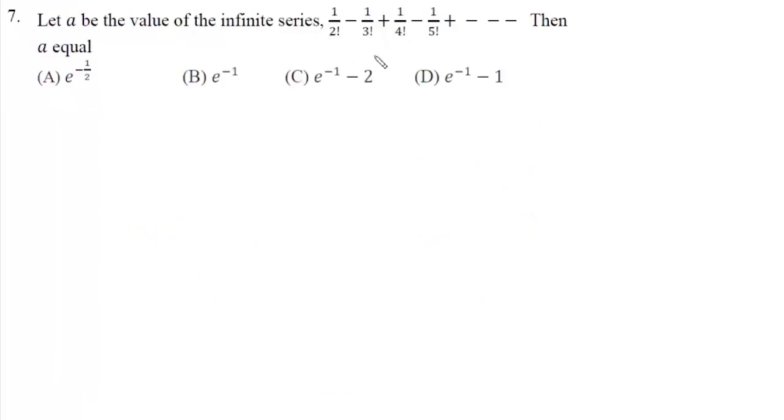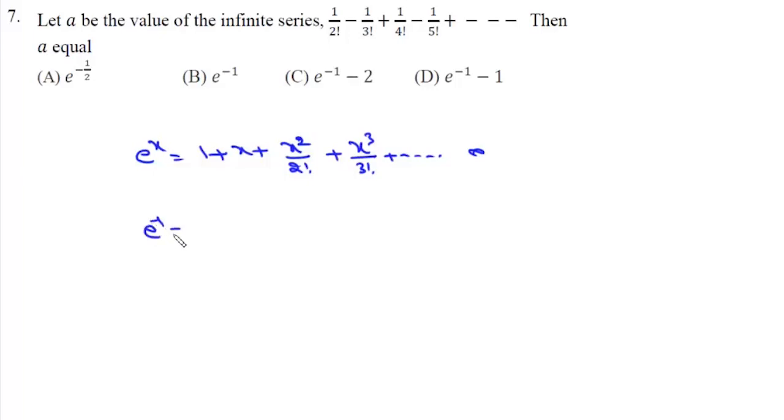Now in this question we need to find the value of this infinite series. Now if we look at the expansion of e to the power x, we know that it is 1 plus x plus x square upon factorial 2 plus x cube upon factorial 3 up to infinity. Now here we need alternate plus minus signs, so we'll put x as minus 1.